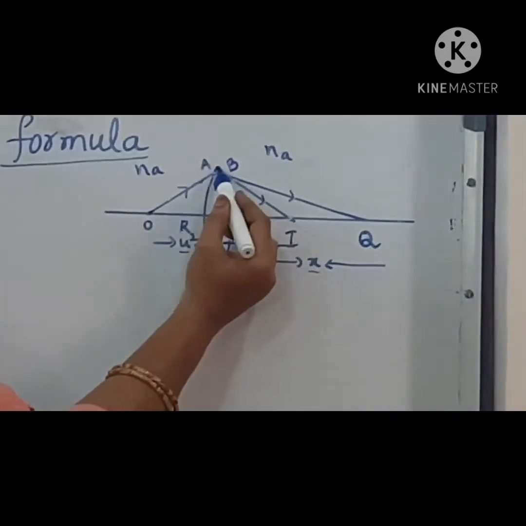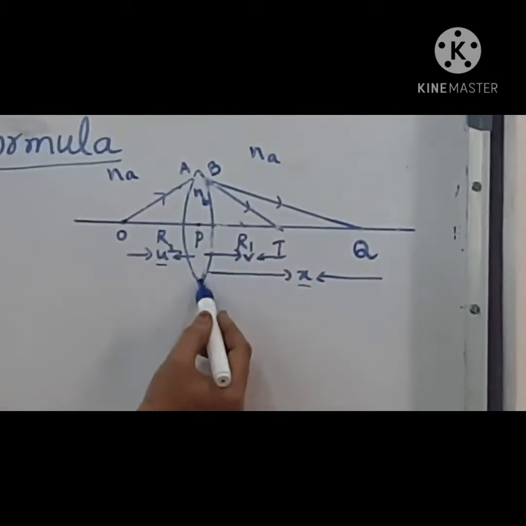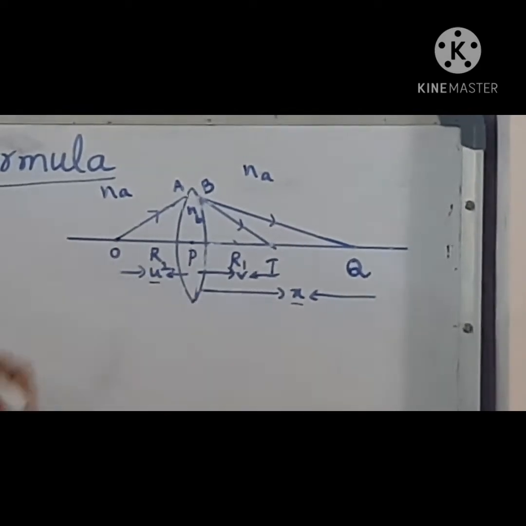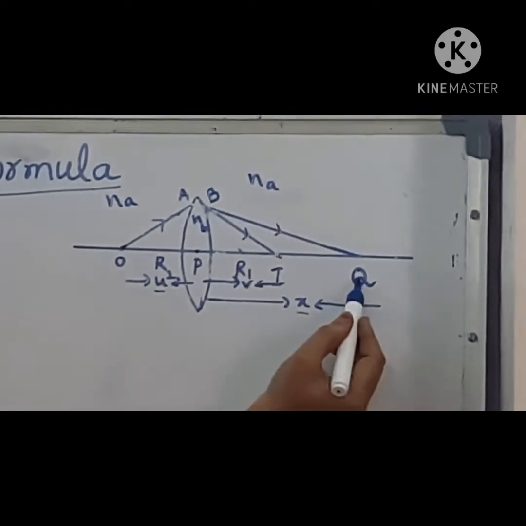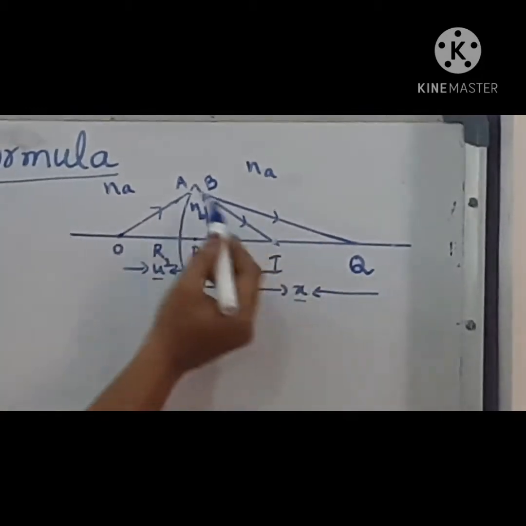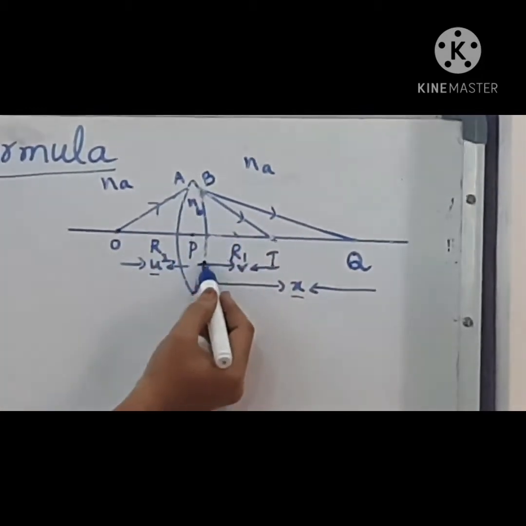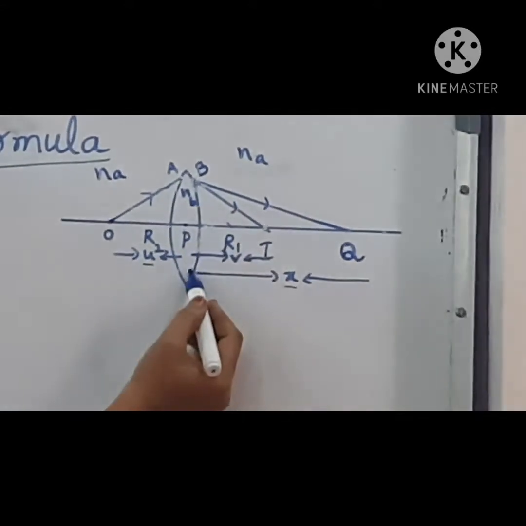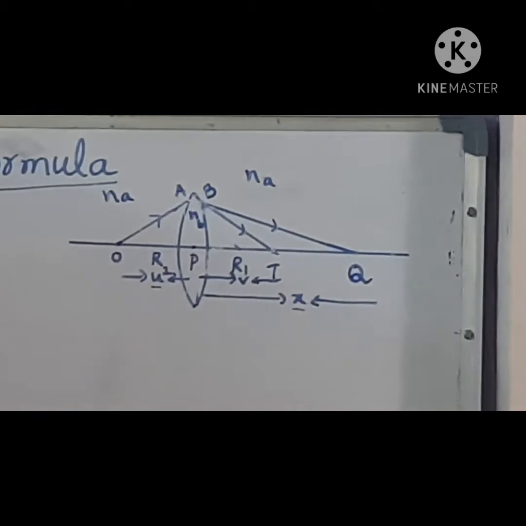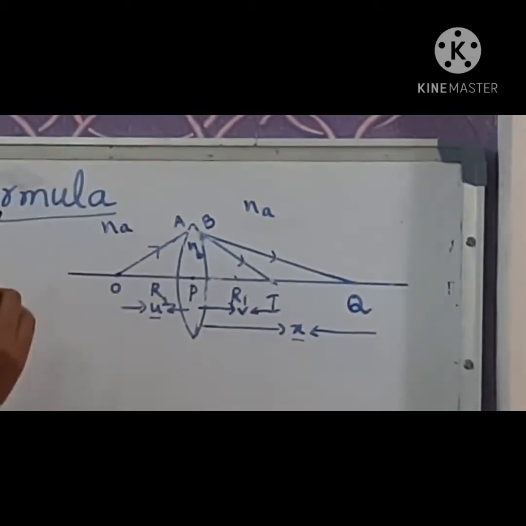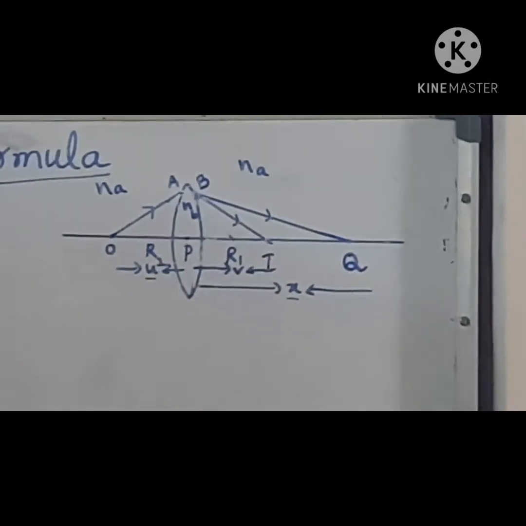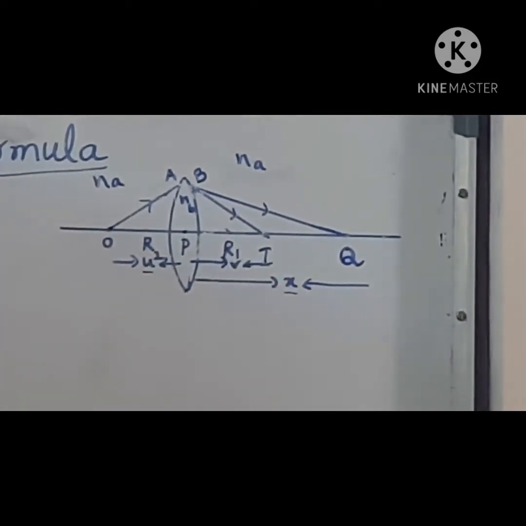Consider the second curved surface, which is like a concave surface. Imagine Q to be the object for this concave surface, and I will be the image of Q. So finally the exact image will form at I because of the two curved surfaces.